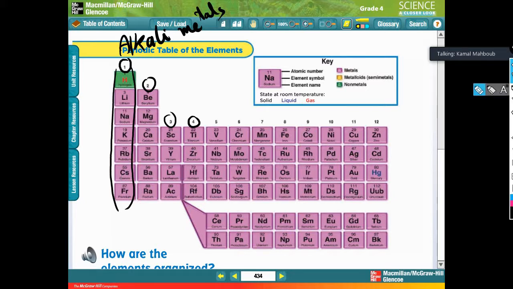If we take sodium and potassium, both of them have a very high reaction with water. They will explode and make a lot of fire and a lot of smoke. Why? Because they have a very strong reaction with water, because the properties of both are approximately the same. This group is called alkali metals.